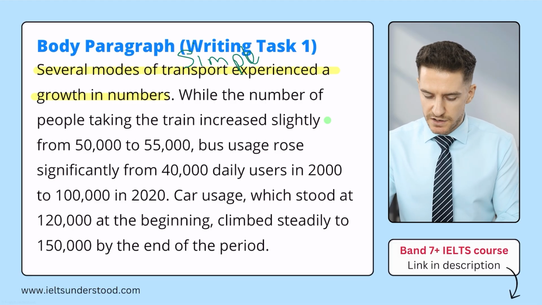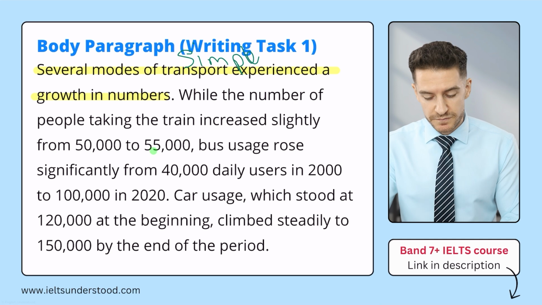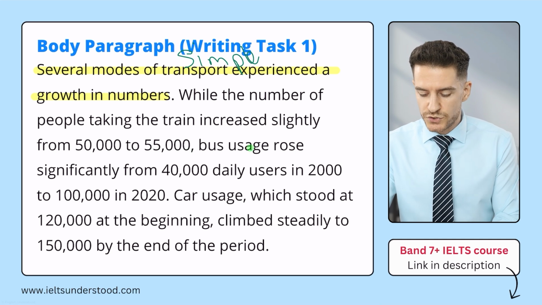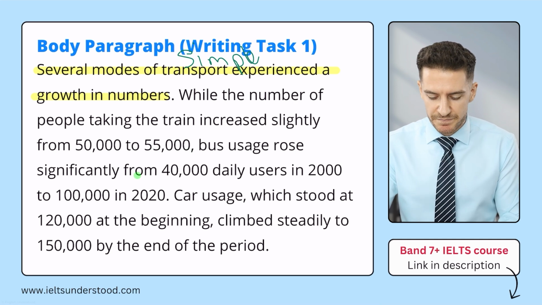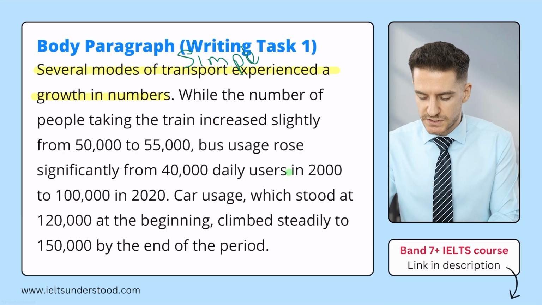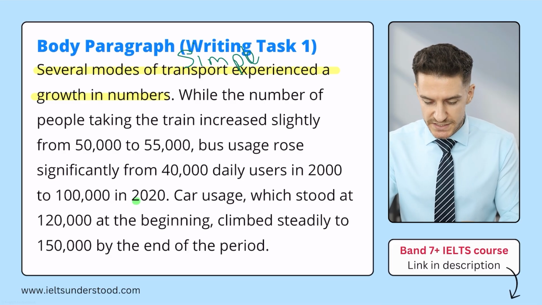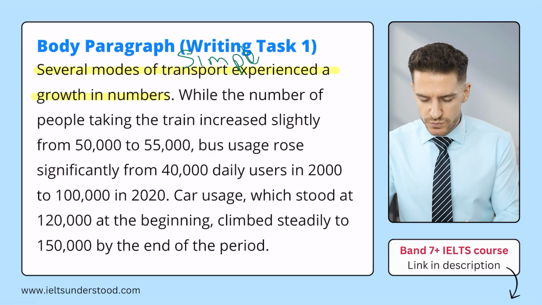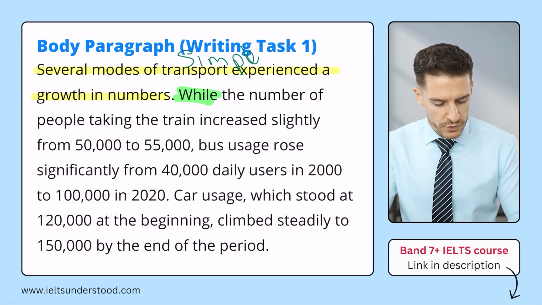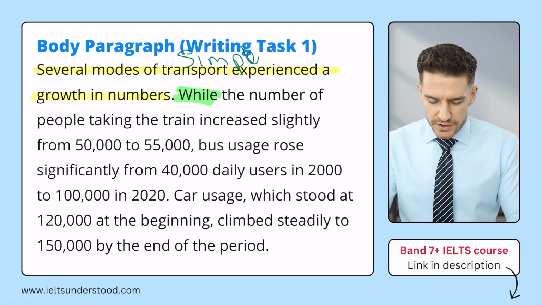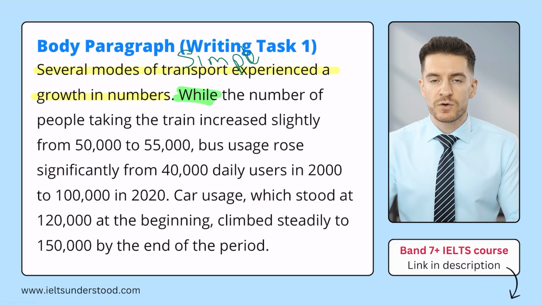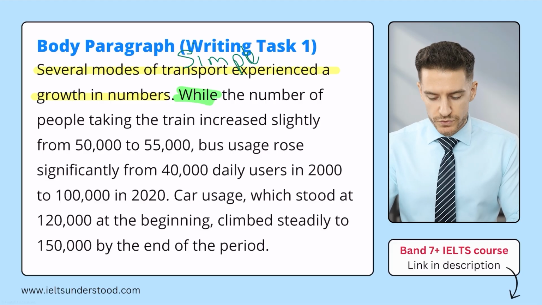Now, if we keep reading, the next sentence says, while the number of people taking the train increased slightly from 50,000 to 55,000, bus usage rose significantly from 40,000 daily users in 2000 to 100,000 in 2020. So you can see that with this one, we've got the word while. And because we have the word while, we have got an independent clause and a dependent clause.